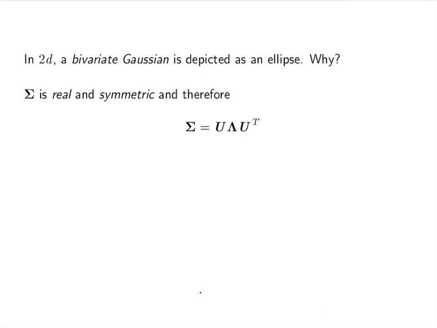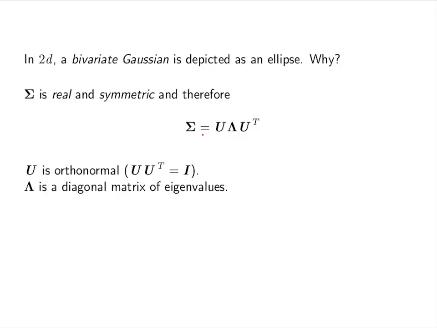Okay, so first we do an eigen decomposition of the covariance matrix, and because it's real and symmetric, you can write it like that, where U is an orthonormal matrix and delta is a diagonal matrix of eigenvalues. So delta looks like that. There's only entries on the diagonal and everything else is 0.